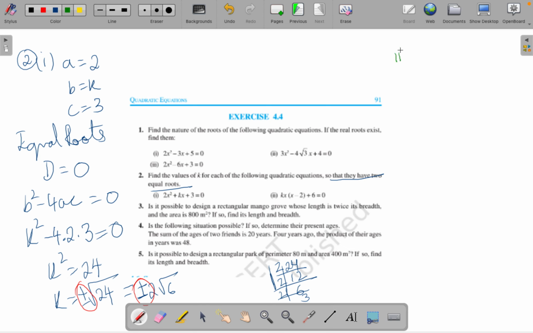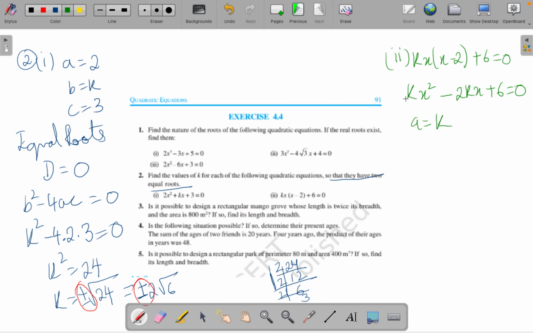Now, again, a very important thing which I want you to make a note of. The second question, it is not a perfect quadratic equation, children, right? So first of all, we will simplify it. We will just open the bracket. k into x is kx, x square minus 2kx plus 6 is equal to 0. Now we will identify.